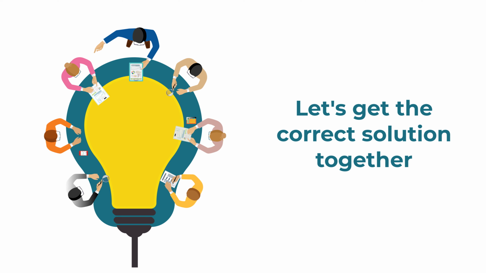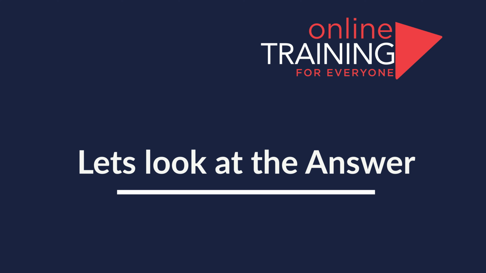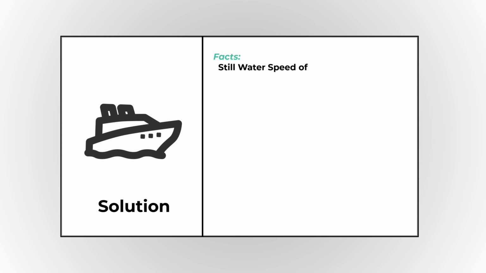Are you ready? Let's move forward and get to the correct solution together. To solve these types of challenges, let's first look at the facts. And the main 2 facts is that the still water speed of the boat is 5 miles per hour, and the speed of the upstream is 3 miles per hour.